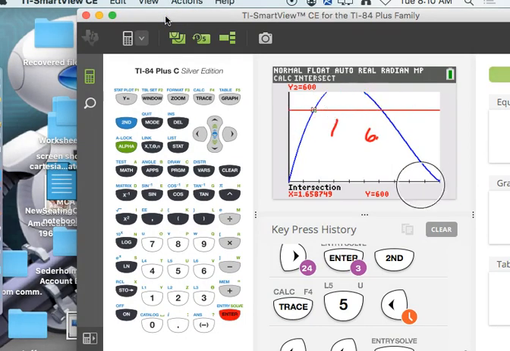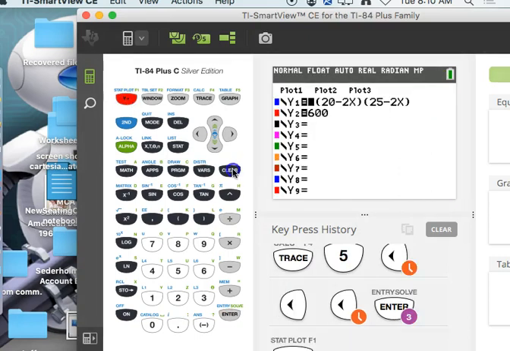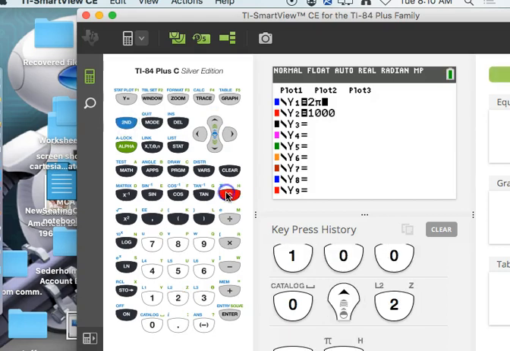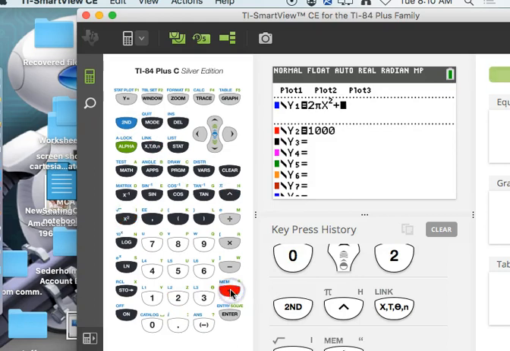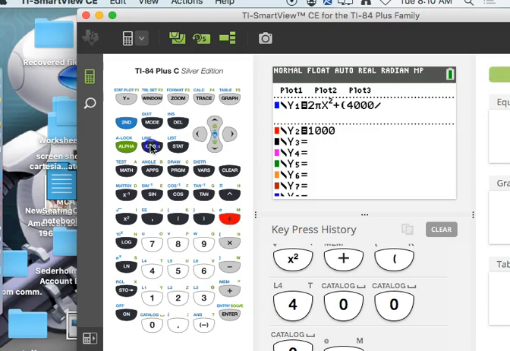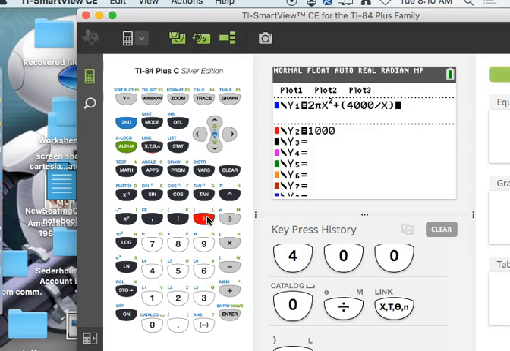So let's put all of this up. And let's see, we had 2 pi x squared plus parentheses 4,000 divided by x parentheses.